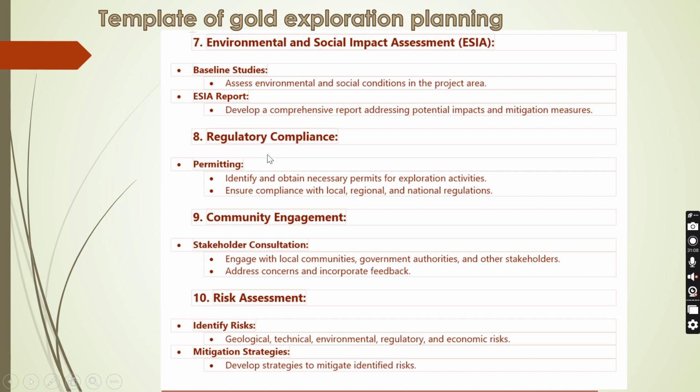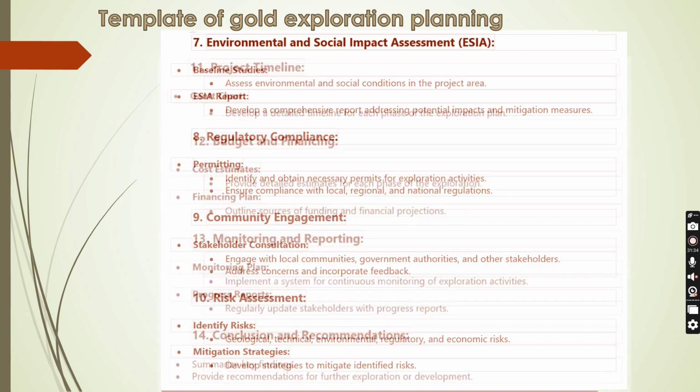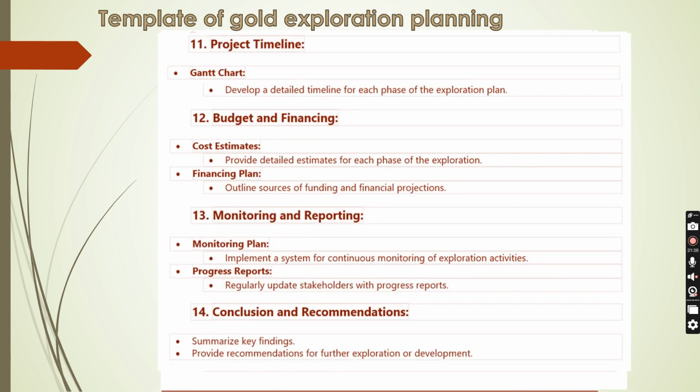Then regulatory compliance: identify and obtain necessary permits whenever required, and ensure compliance with local, regional, and national regulations. We have to follow those things. Then community engagement and stakeholder consultation, those things come under economic aspects. Then risk assessments, mitigation strategies. Then finally project timelines, which is also important.